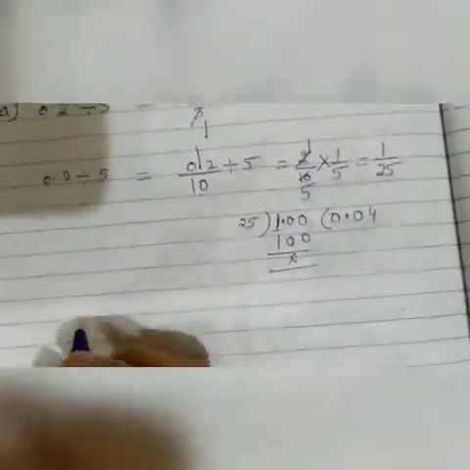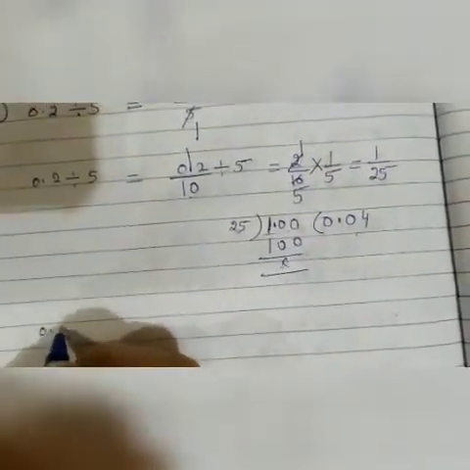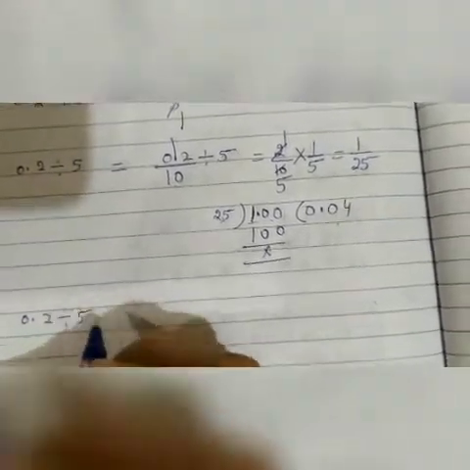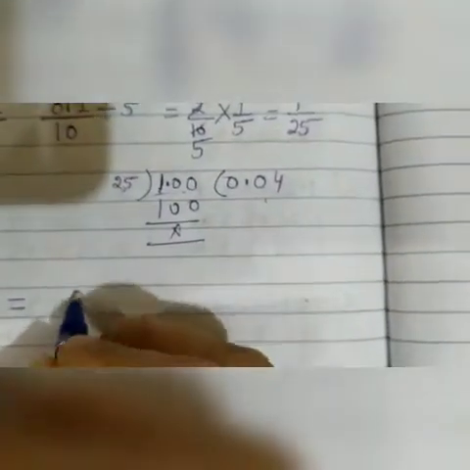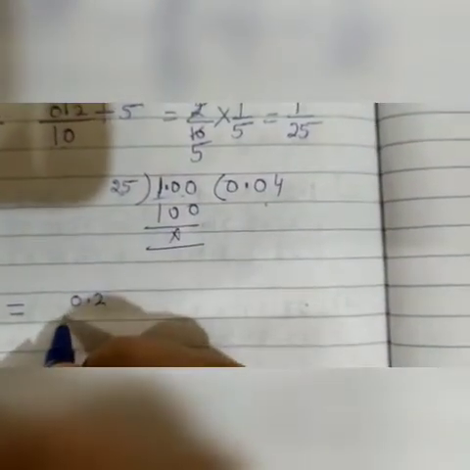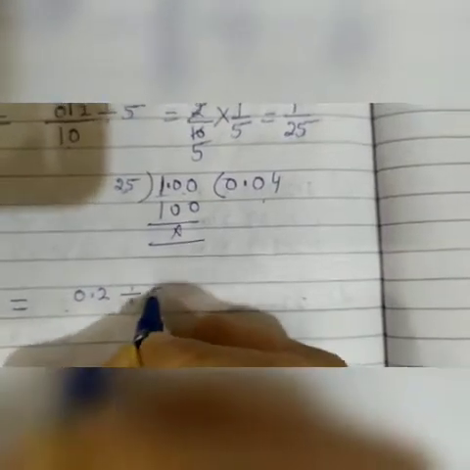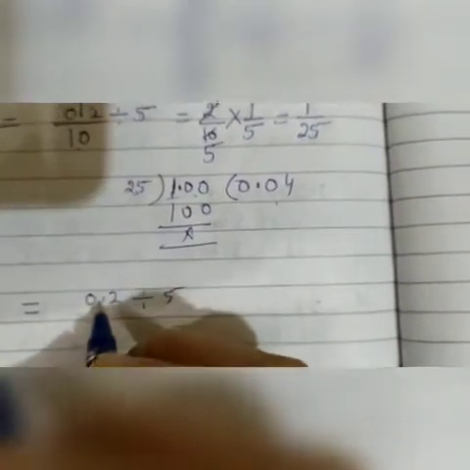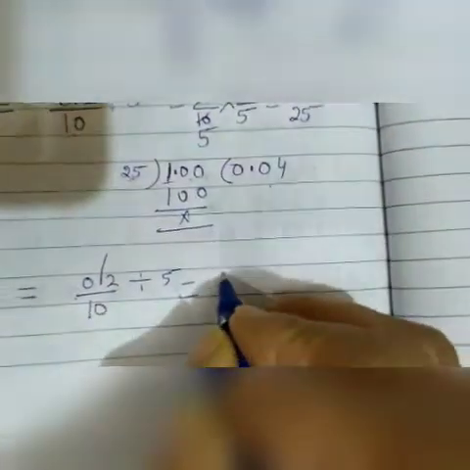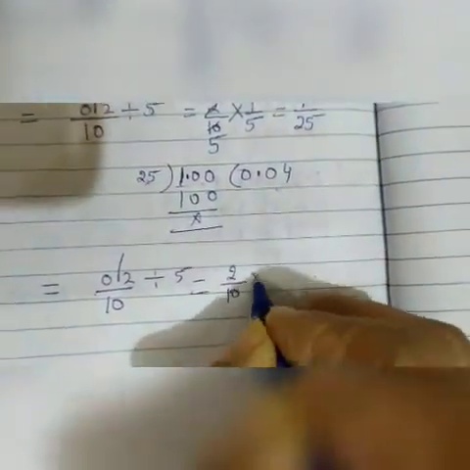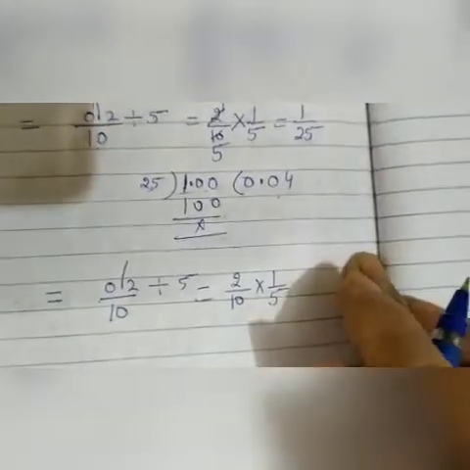Now one more method. It is 0.2 divided by 5. We will write here 0.2 divided by 5. Again we will remove this decimal. Again the same step. 2 upon 10 into 1 upon 5.